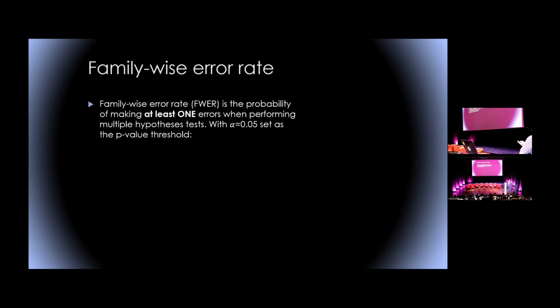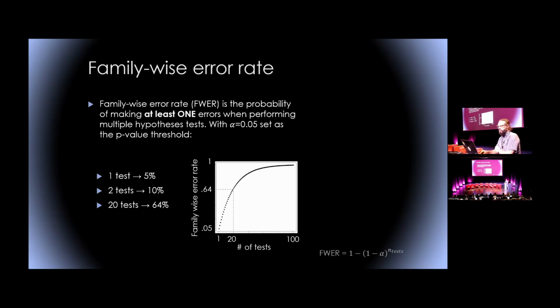So if you put your family-wise at 0.05, what's the probability of making at least 1 error? And so, for example, you do 1 test, well, the likelihood of making an error is about 5%. You do 2 tests, it's about 10%, a little lower. You do 20 tests, it's about 64%. So this is your family-wise error rate. And we want to control this family-wise error rate.